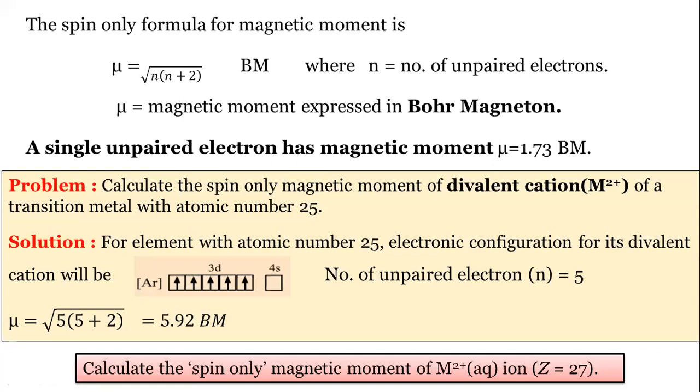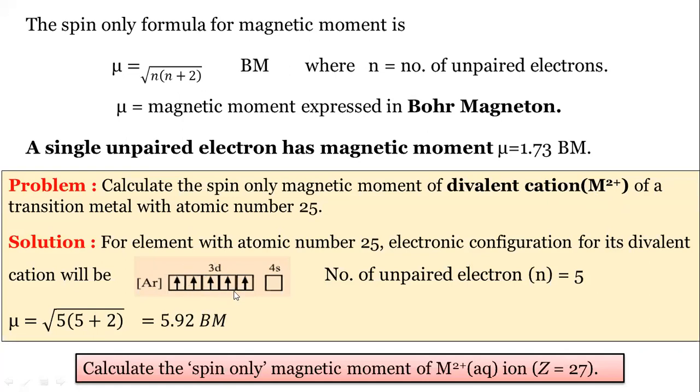And if you remember, the outermost electronic configuration of manganese is 4s2 3d5. As it is divalent, 2 electrons are removed. So here 4s2 has 0 electrons because they are removed. In 3d, the unpaired electrons are 1, 2, 3, 4, 5, because it is 3d5.